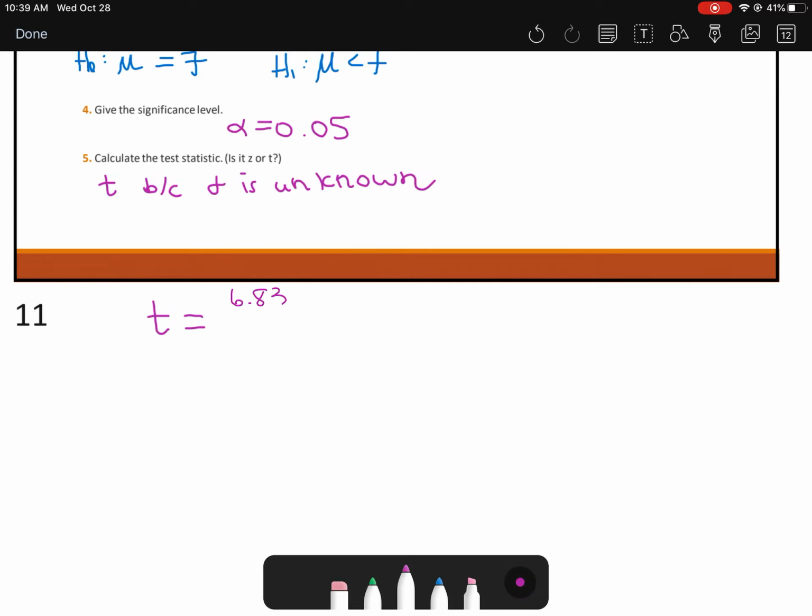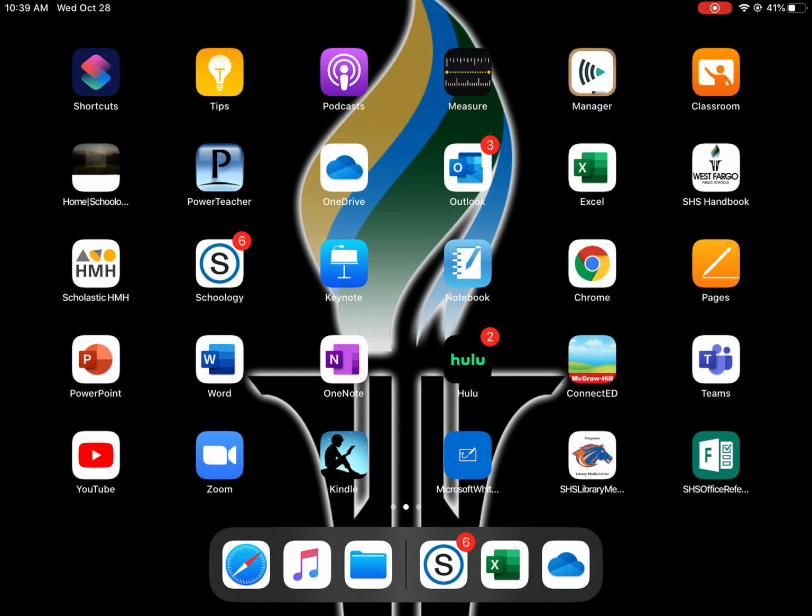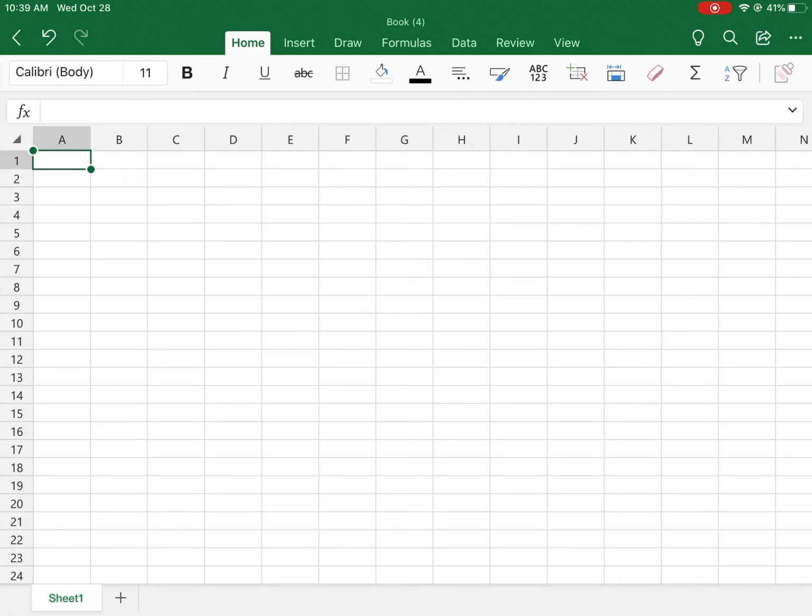And again, you'll be given this stuff here, but if I was right, so 6.83 minus 7 all over 1.99 divided by the square root of 12. Now with yours, if you're doing your deliverable, you'll actually have a lot of these values in your Excel, so you won't have to at least worry about that.